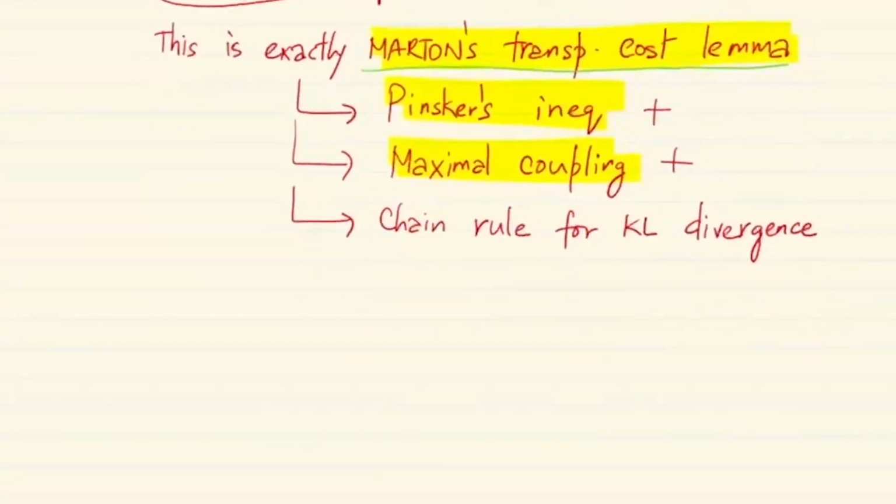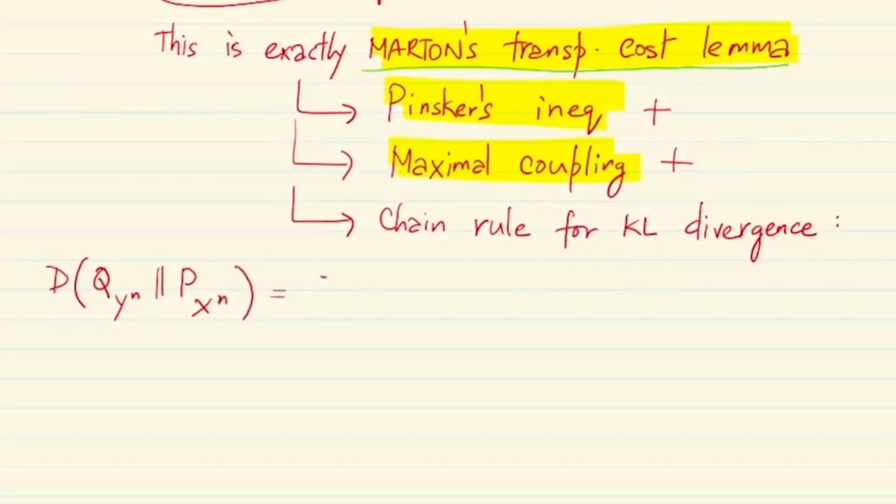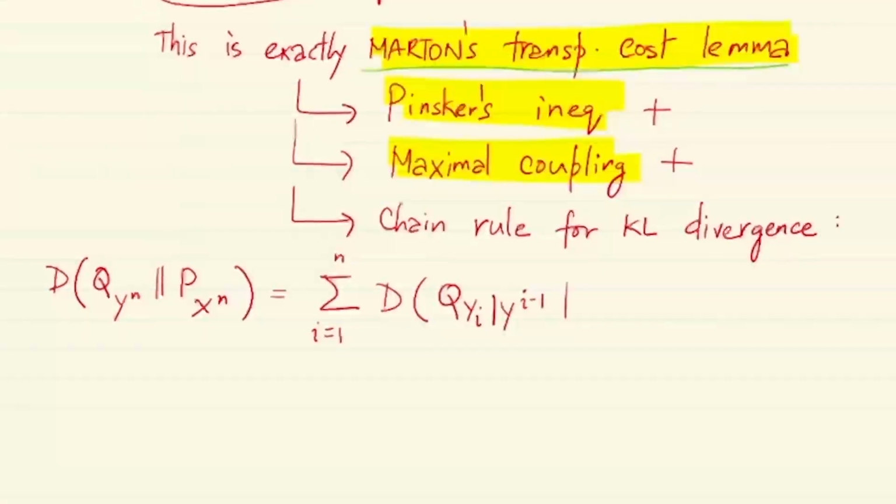So just to remind you of what this chain rule looks like, it basically says that the divergence between Q on n symbols and the product measure P on n symbols, or in fact any measure P on n symbols, is equal to the sum over all i of the conditional KL divergence of Y_i given Y^{i-1}, with respect to the conditional P measure for X_i given all symbols X^{i-1}.